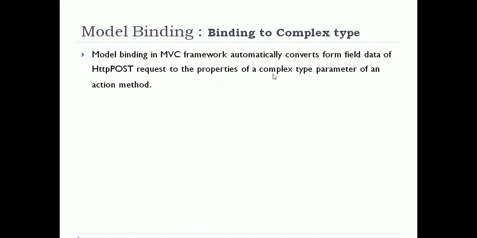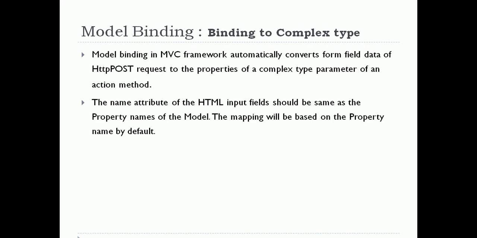What is a complex type? As I told you, it is a class, and in a C# class we define properties. So your form field data automatically gets converted to the properties of a complex type, which is a parameter of our action method.